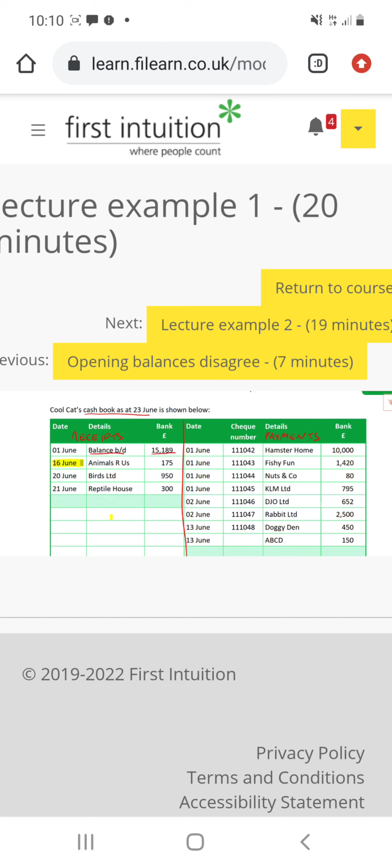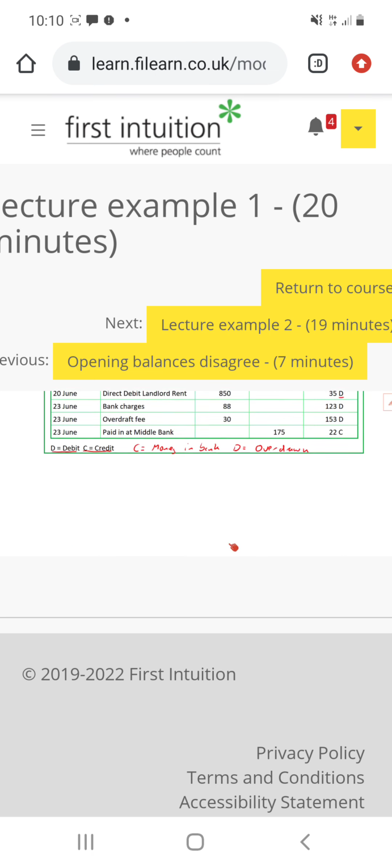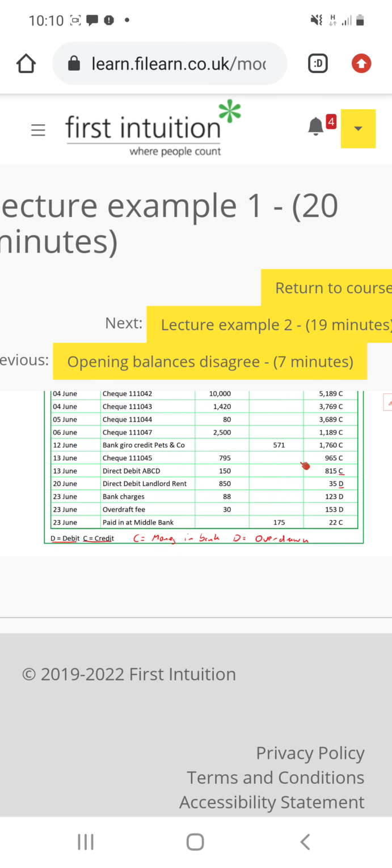I can find on the 16th of June that 175, paid in at Middle Bank, which cleared the bank on the 23rd. That's the only thing I can see going in from my cash book.